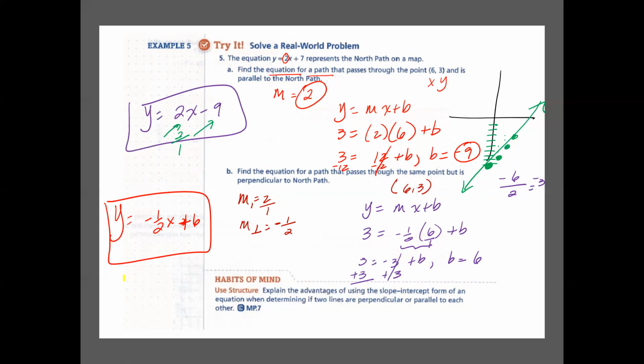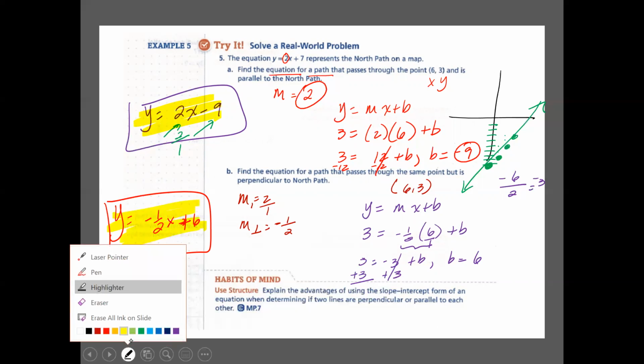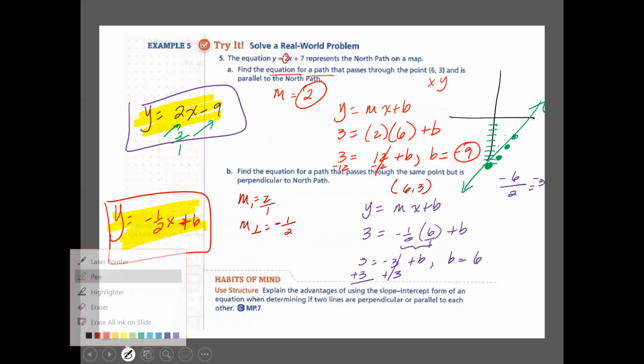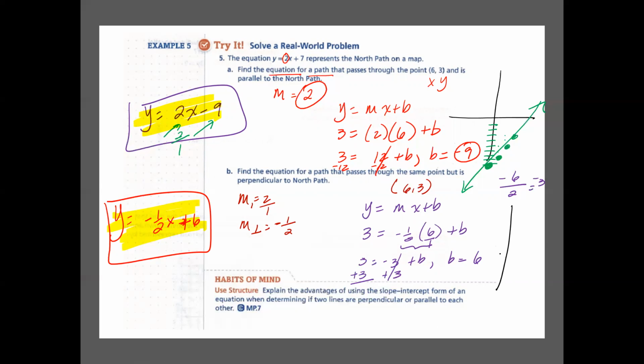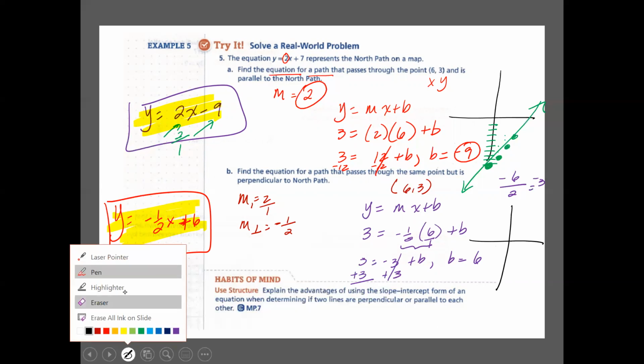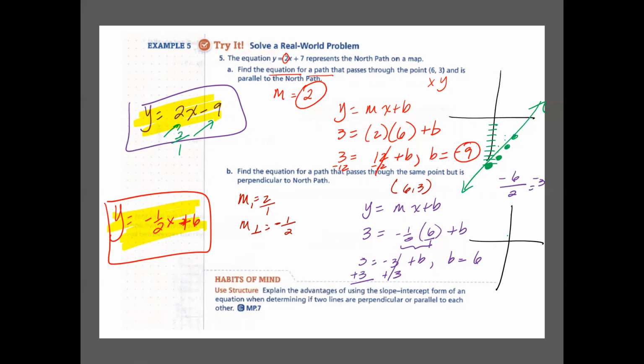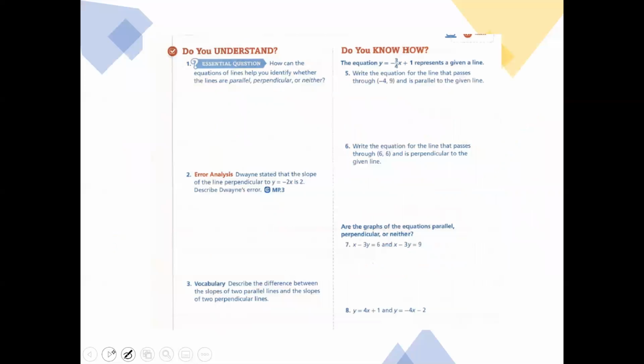And that is your answer. Now, if you want to go one step further and graph this, we are going to start at 6. So 1, 2, 3, 4, 5, 6. Go down 1 over 2, down 1 over 2, and you just draw your line.